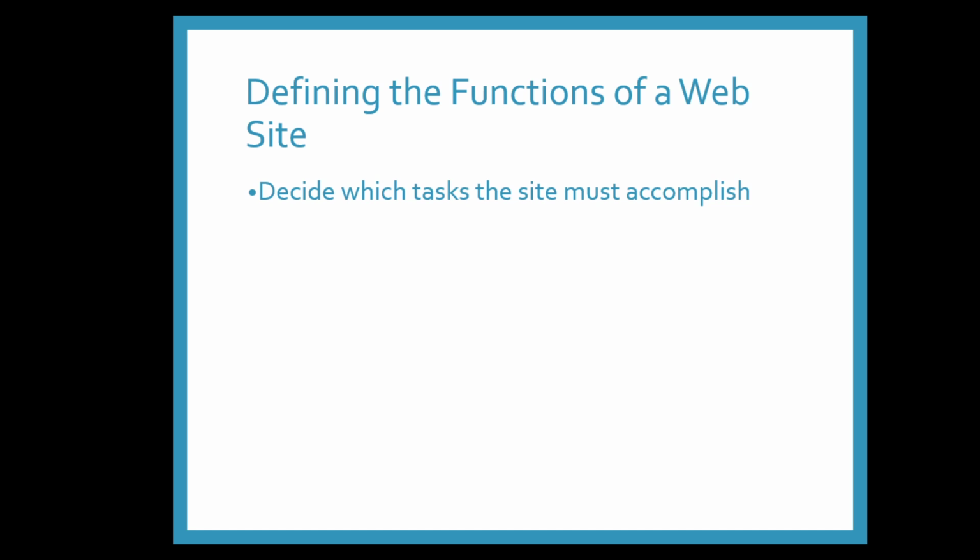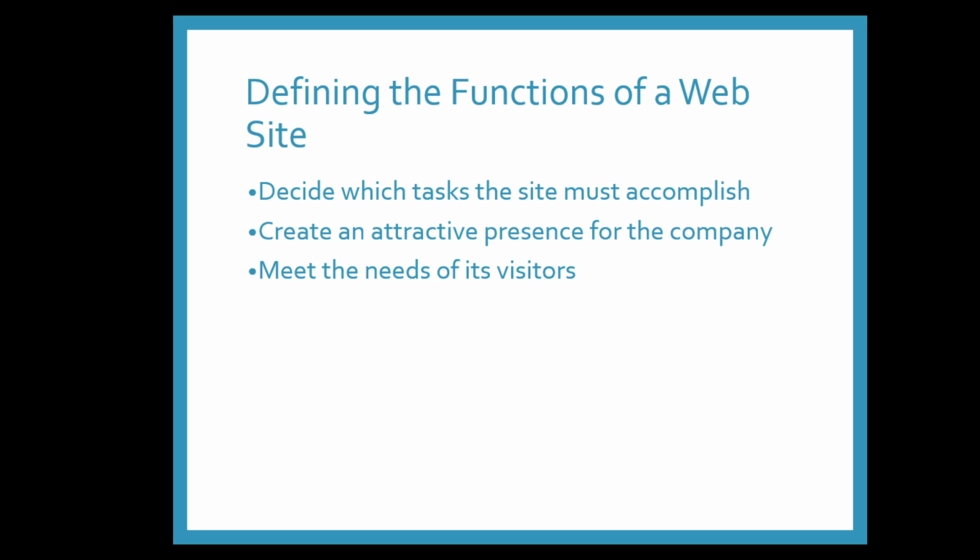To define the function of your website, first you must decide which tasks the site must accomplish. It should also create an attractive presence for the company, so we need to have the branding. Next, it meets the needs of its visitors, for example, obtaining information about the organization and its products.